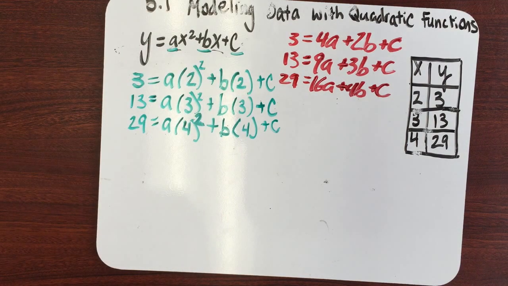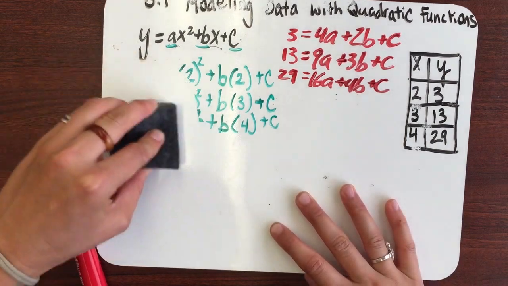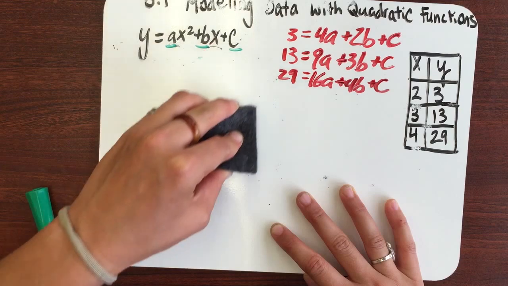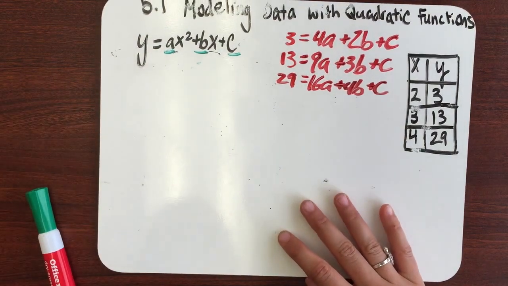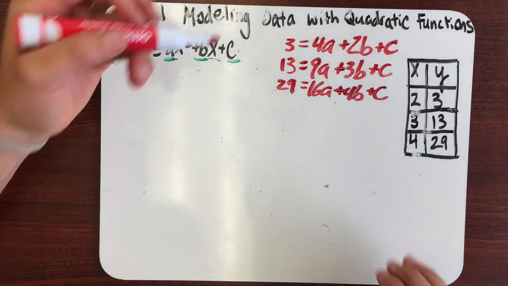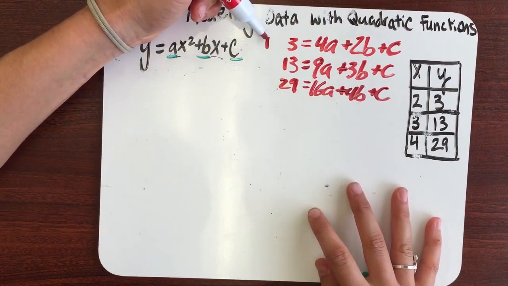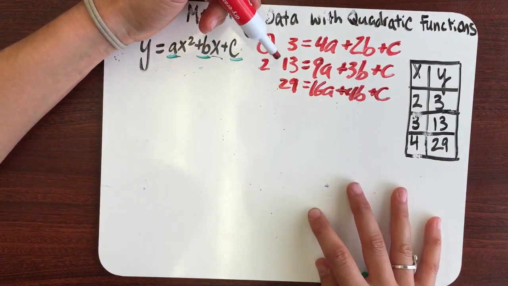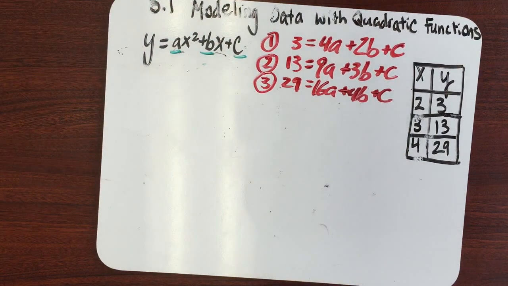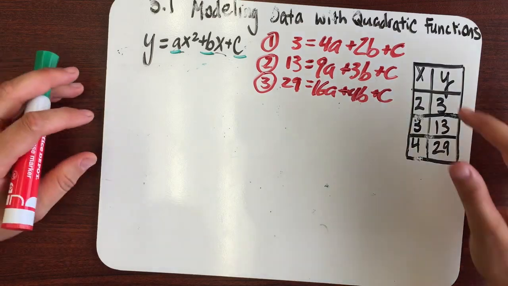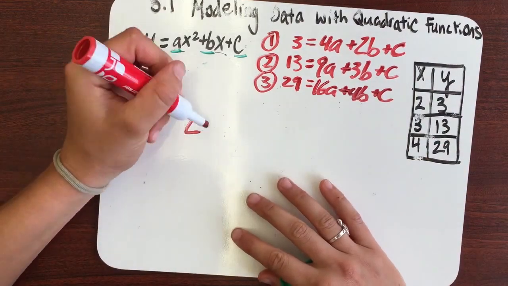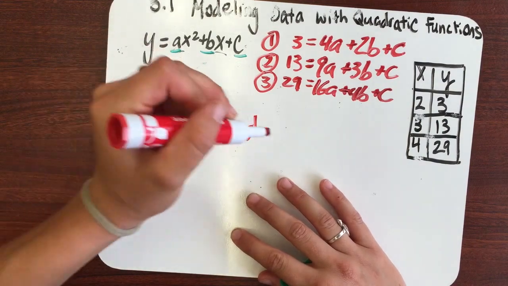Alright, so next we want to look at our 3 equations and eliminate a variable so that we can get it down to 2 equations and 2 unknowns. So let's go ahead and label these equations. This will be equation 1, 2, and 3. So if you notice, we need to get opposites. An opposite, for example, is 2 and -2.